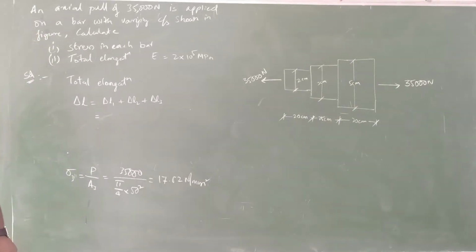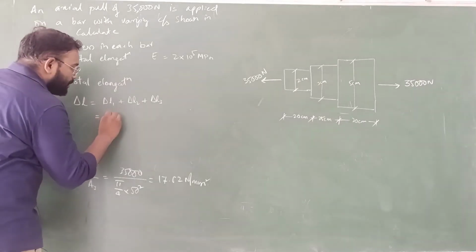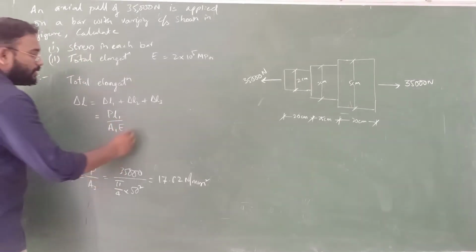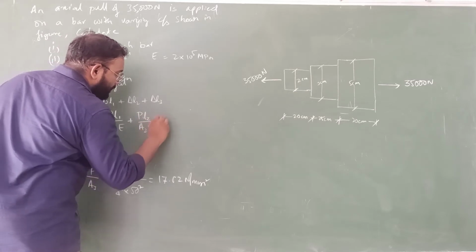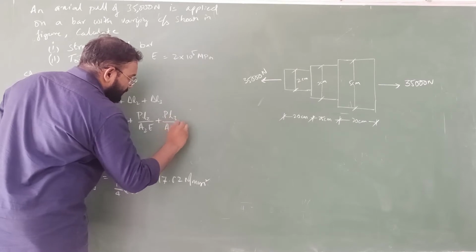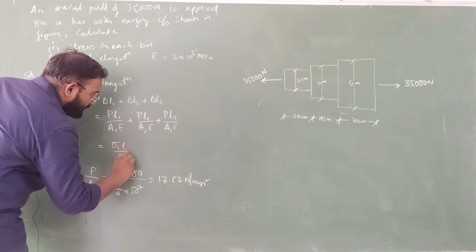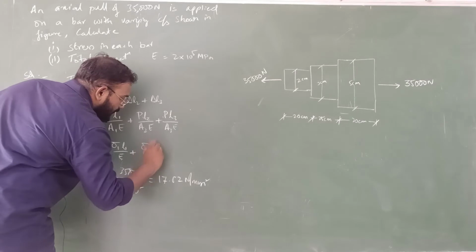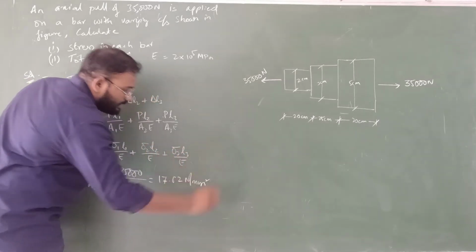Delta L is PL by AE. So this is P into L1 by A1 into E plus P into L2 by A2 into E plus P into L3 by A3 into E. This is also equal to sigma 1 L1 by E plus sigma 2 L2 by E plus sigma 3 L3 by E.